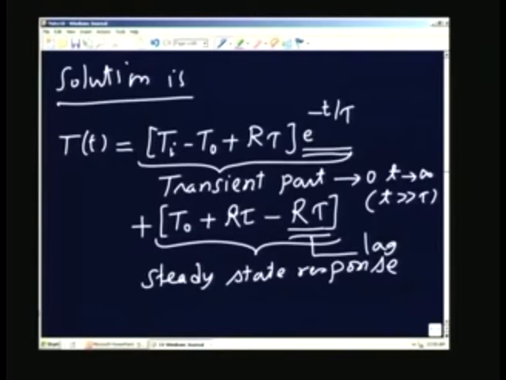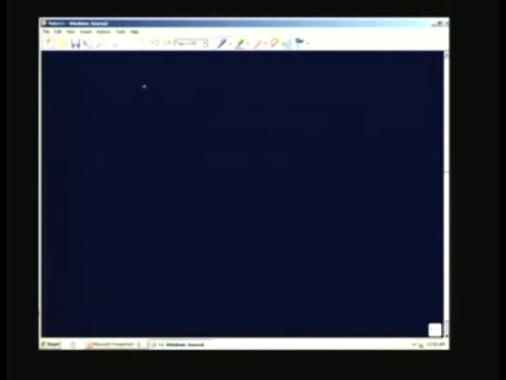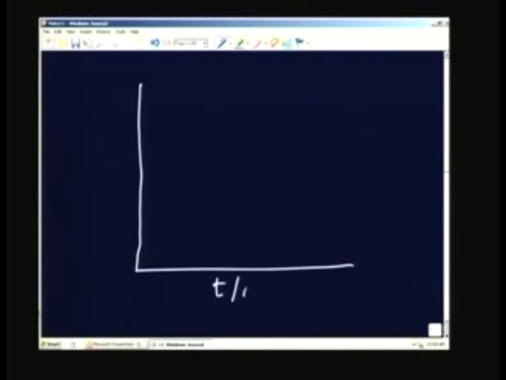The input is changing with respect to time according to a ramp input, and this will be slightly lagging behind that, therefore, it will always be behind that. Actually, we will see that if we were to look at the solution by plotting it as I am showing here. So, I am going to plot it again, t by tau on the time axis, and then I am going to plot T here on the y axis.